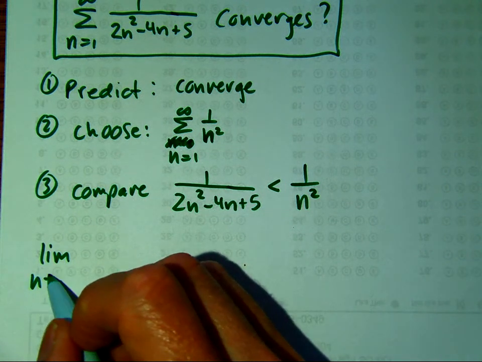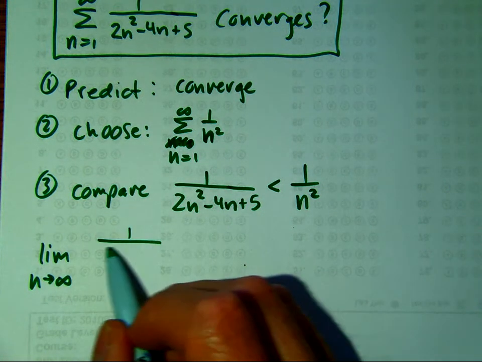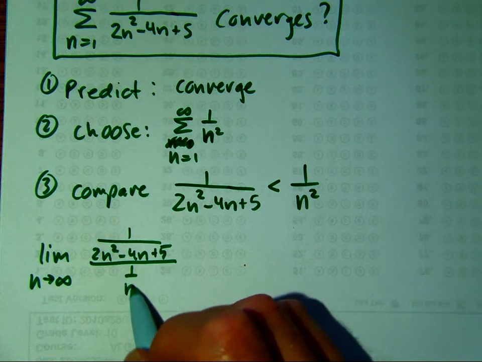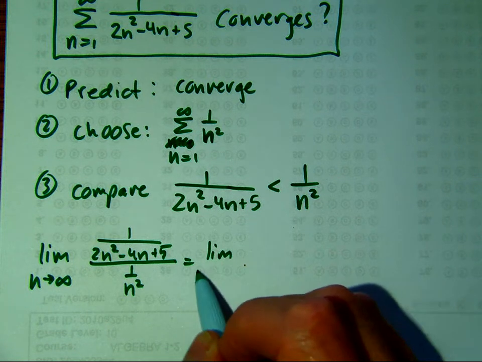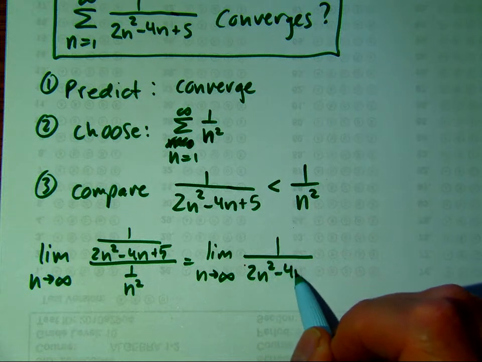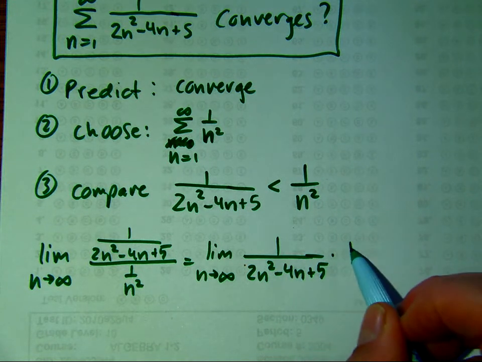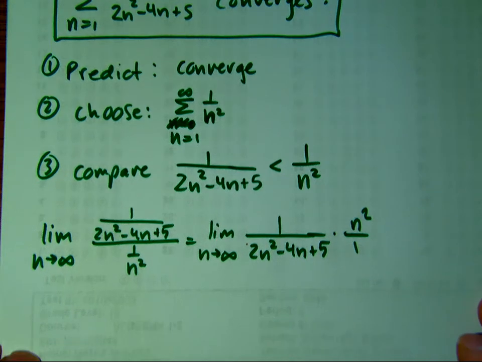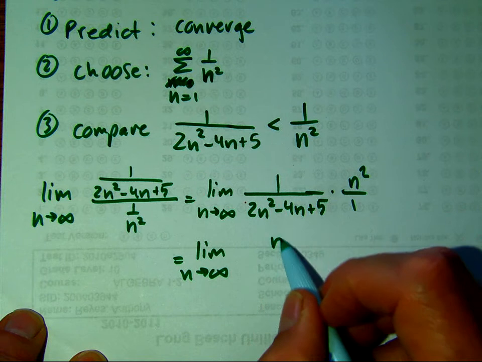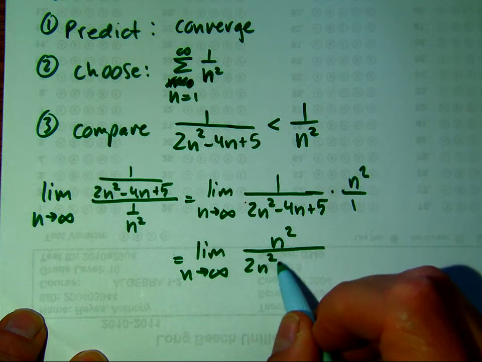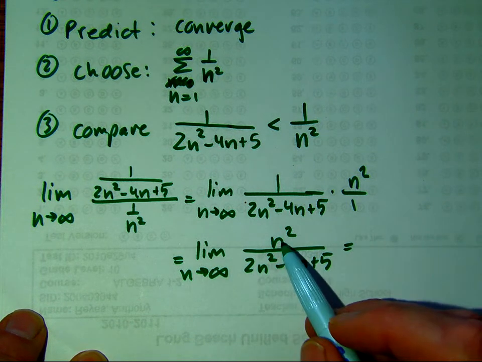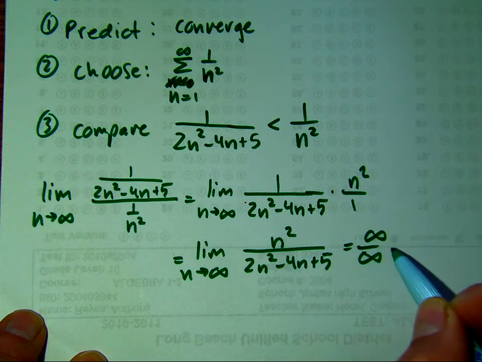The limit as n goes to infinity, and we'll have, and when we let n go to infinity, we get infinity over infinity, and that's indeterminate.